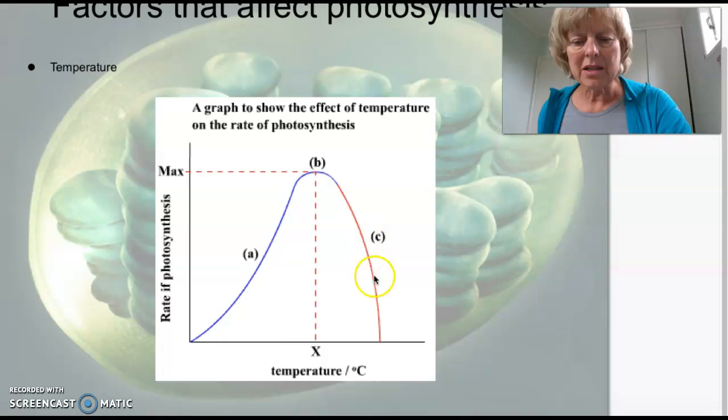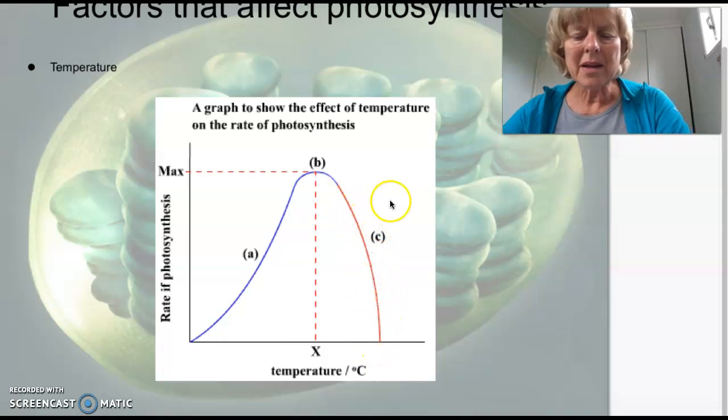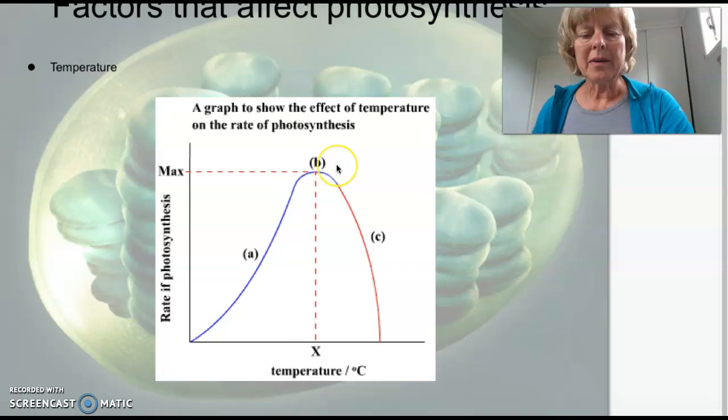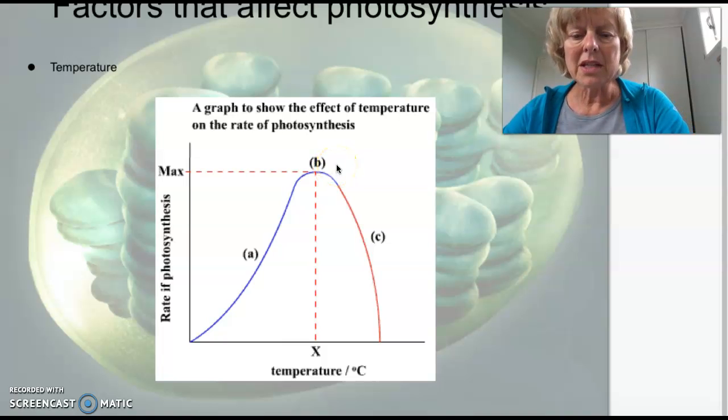On the other hand, when the temperatures become too high, enzymes get damaged and denature, and then obviously photosynthesis comes to a halt. So there is a range where it's just warm enough, before the enzymes start to denature, where the reaction rate is at its peak, and we call that the optimum temperature.